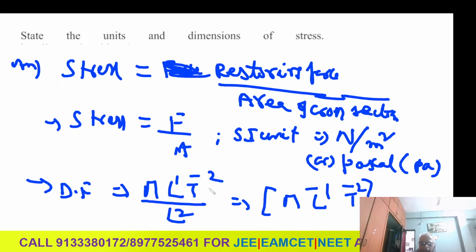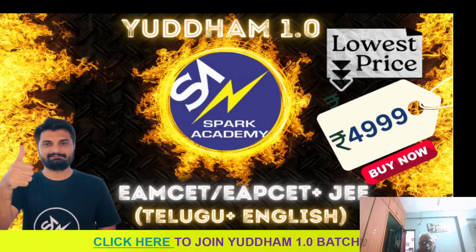M power 1, L power 1, T power minus 2, divided by area L square, L into L. So 1 minus 2, you know the mathematical rule. Therefore, it becomes M L to the power minus 1, T to the power minus 2. These are the units and dimensions of stress. Okay, student. One by one, once again, we'll see and we'll do necessary one or two problems. Time is there. I'll revise once.